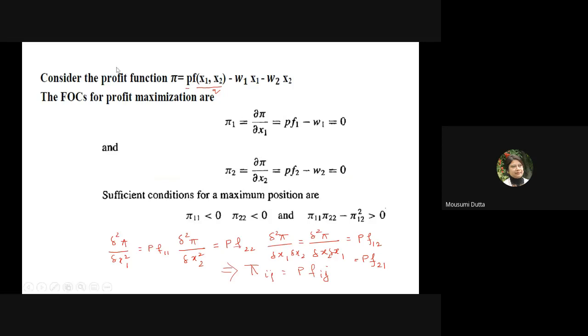What was the first order condition? Pf1 is equal to W1. The second one is Pf2 is equal to W2. So the value of the resource is equal to the unit price of the resource.